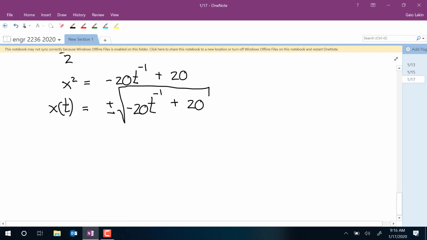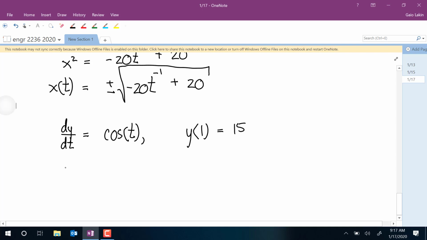Okay, so let's do the y one. So now dy dt is equal to cosine of t, where at time equals 1, y is equal to 15. So dy is equal to cosine of t dt.